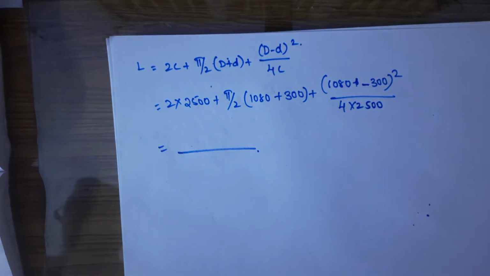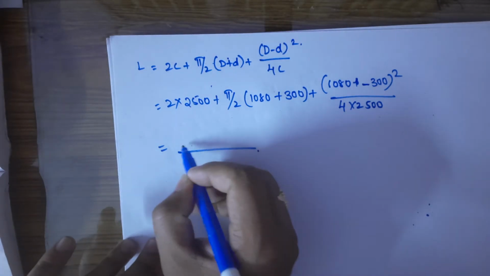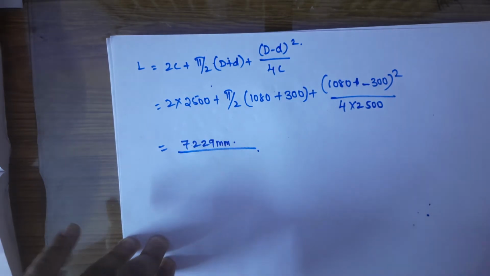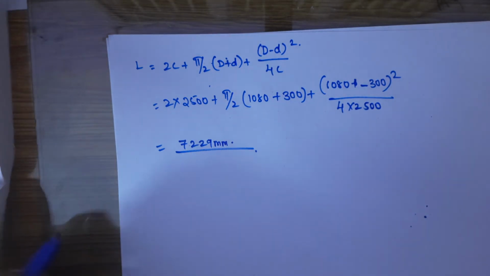Just try to calculate and tell me the answer. I have got an answer of 7229 mm. That is the pitch length that I have got. Based on this pitch length I am going to select the correction factor.